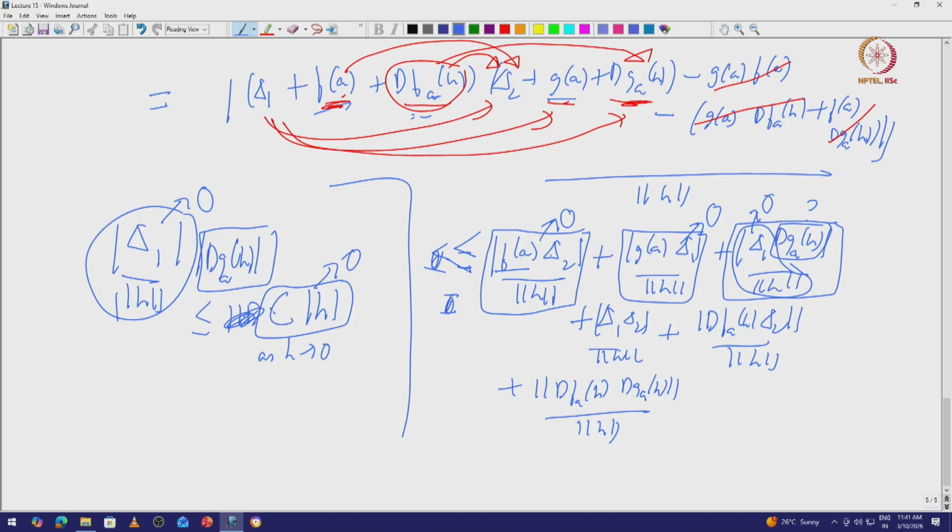Likewise, this also goes to 0 as h goes to 0 for the same reason. So we are left with these two terms, which we will continue in the next page.